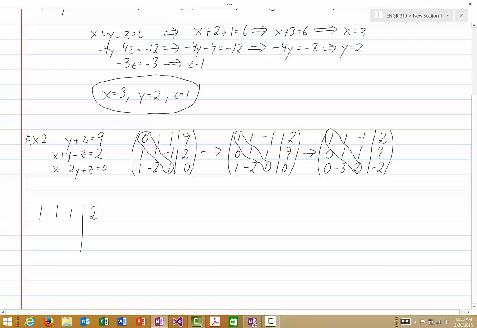The second row also doesn't change: 0, 1, 1, 9. And now we're going to add 3 times the second row to the third row. So we get 0. 3 times 1 is 3, plus -3 is 0. 3 times this 1 here is 3, and 2 gives 5. And 3 times 9 is 27, added to -2 gives 25.